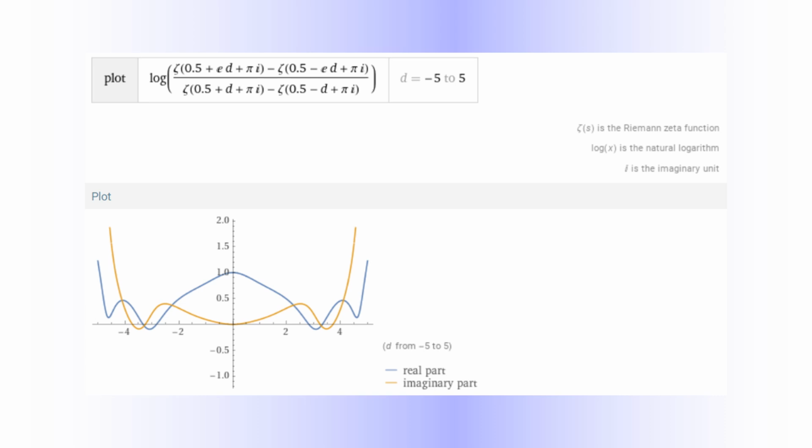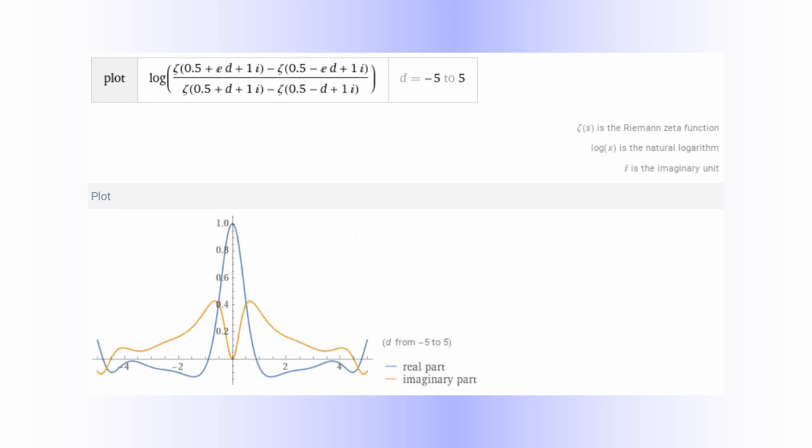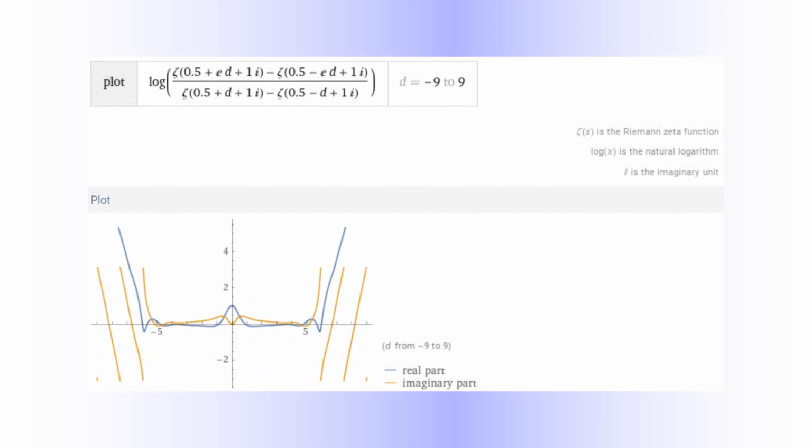Now c equals pi. It seems that the value of c has no effect on the intersecting point between real part of v function and the critical line. Now c equals 1. The real curve still crosses the critical line at exactly 1. But the shape looks incomplete. So, let's zoom it out to see the bigger picture.